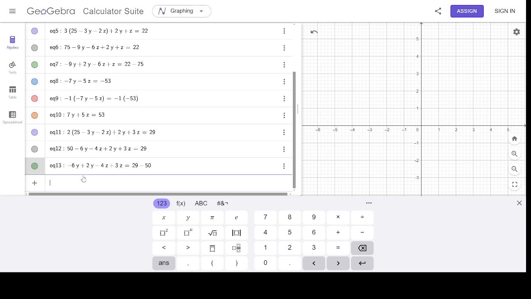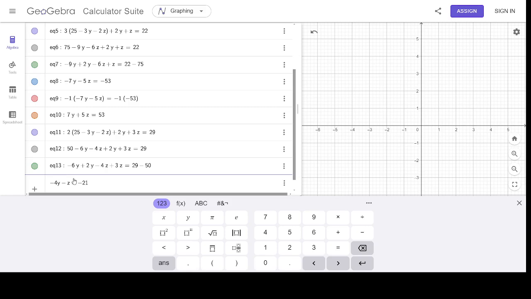Minus 6y plus 2y is minus 4y, then minus 4z plus 3z is minus z, then is equal to 29 minus 50, which is minus 21, like that, right?